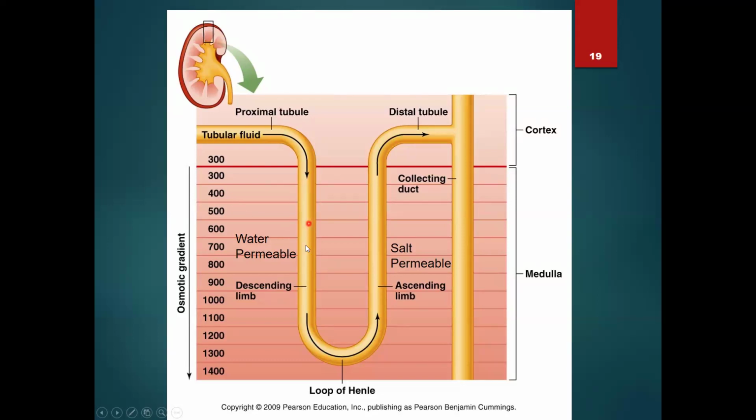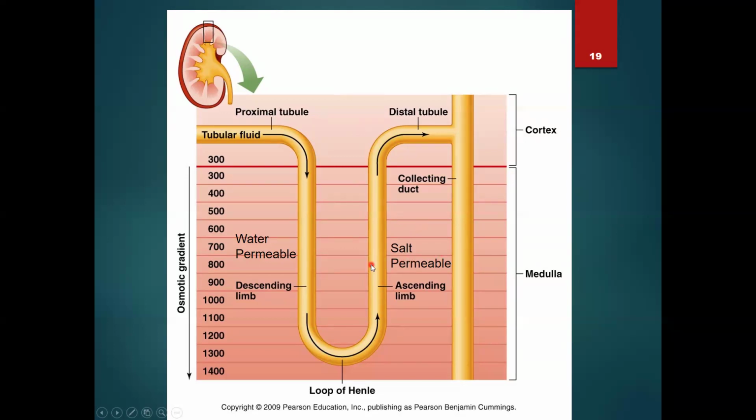So there's less water here, but as it goes on, it goes to the ascending limb. And this is where salts are actively pumped into the blood that is coming past, and then it'll come past the descending limb. But the other key is that this ascending limb is salt permeable, but water impermeable. That means water can't pass through.